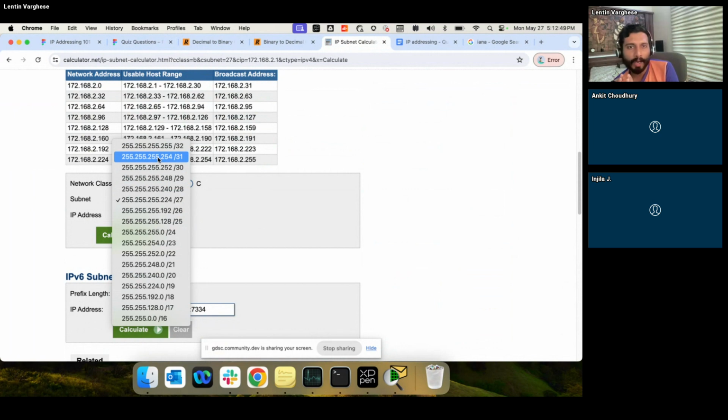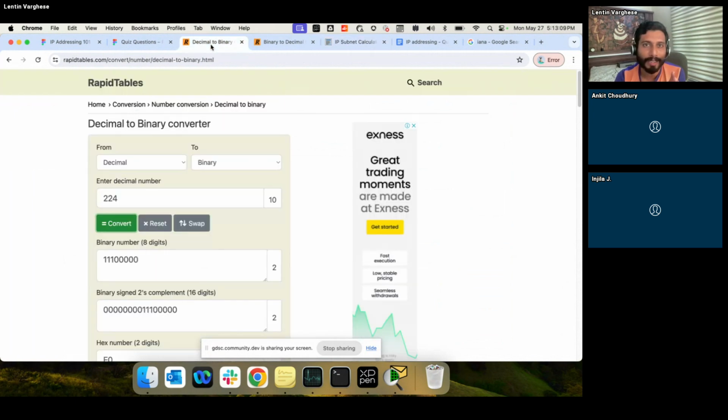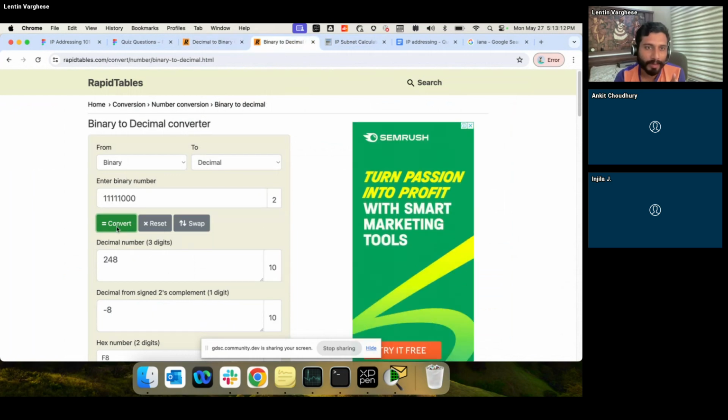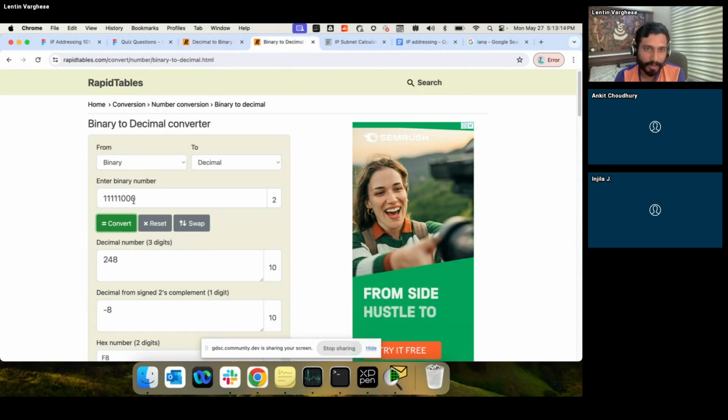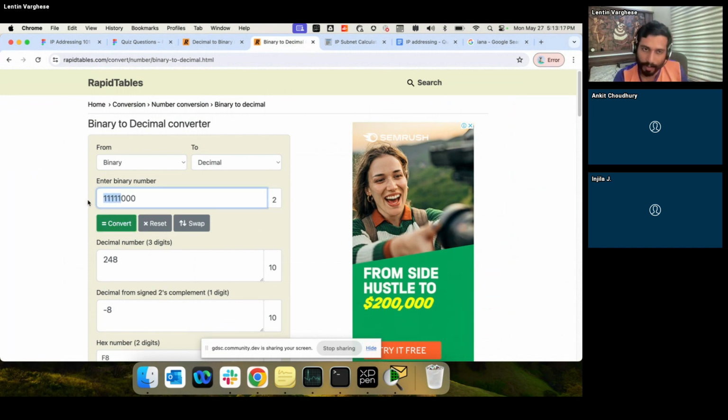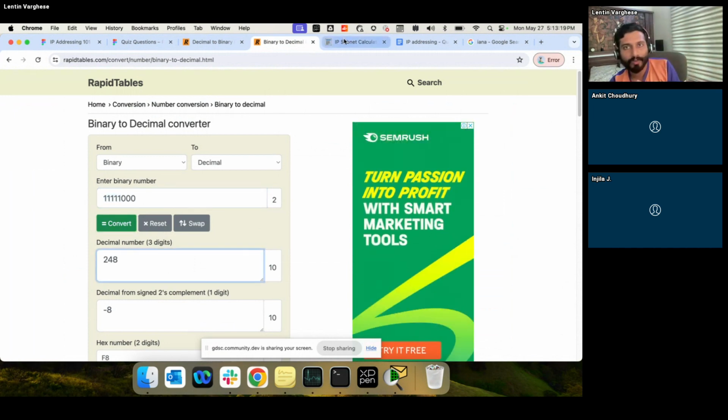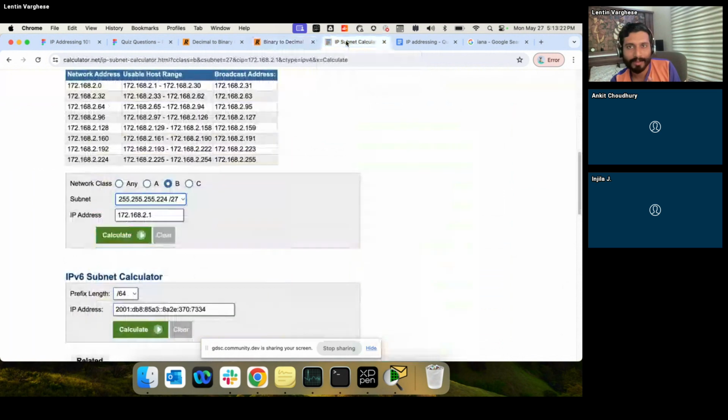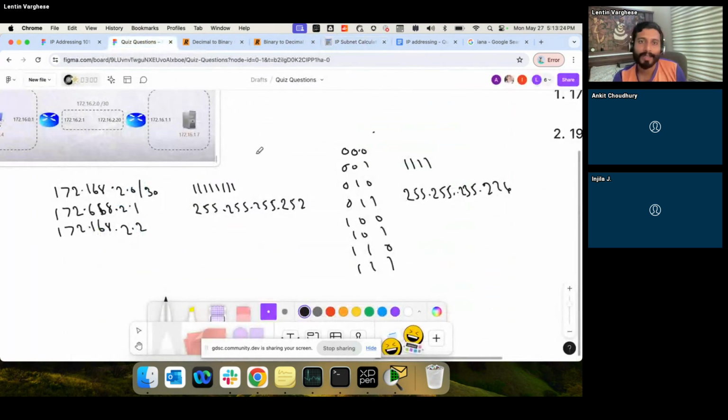Now, if we use 3 bits of the final octet, that would mean I have 8 IP addresses available. That would make it 248. I said 3 bits zeros, and if you use the rest for the network address, that would make it 248. Ah, okay, I get that.